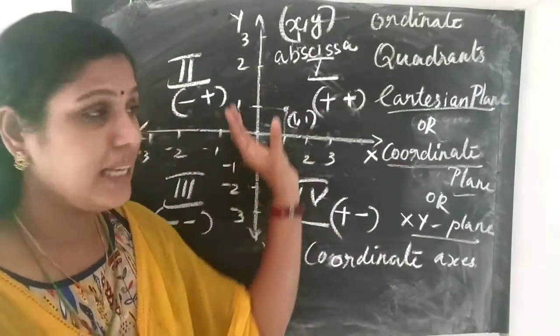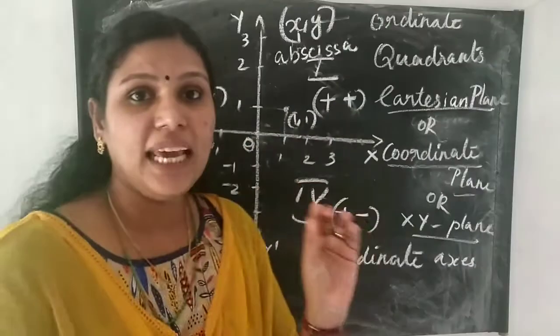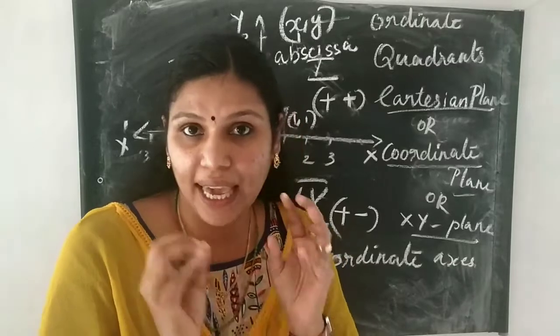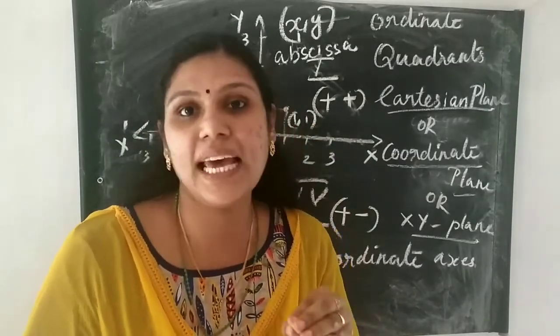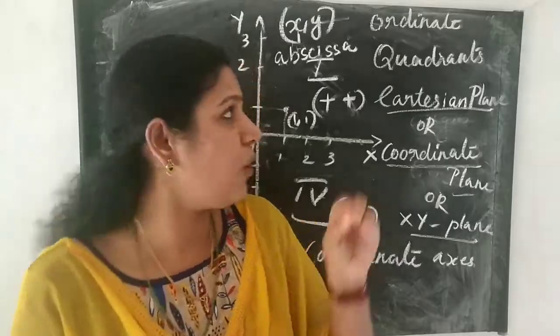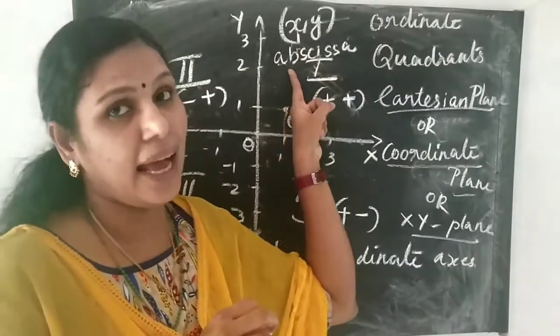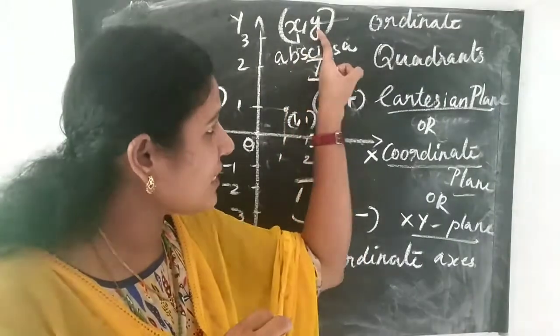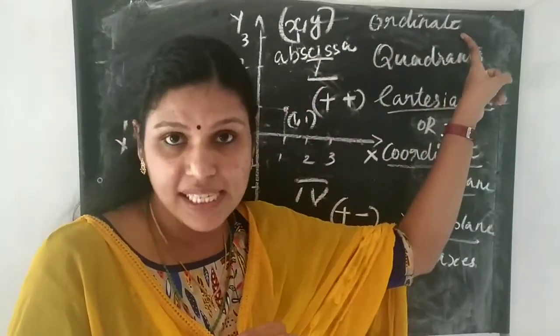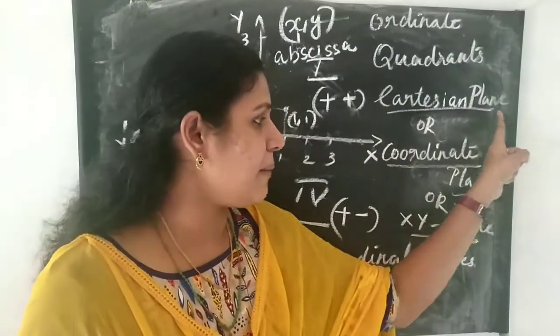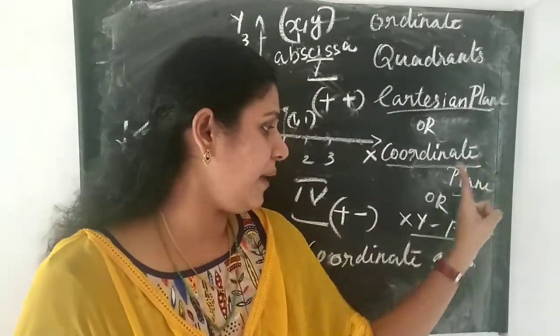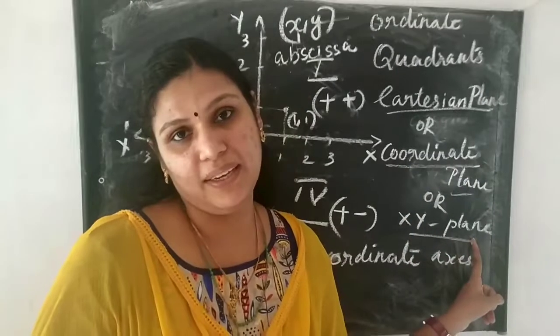We can write points in coordinates like x, y. The x coordinate is known as abscissa and the y coordinate as ordinate, and the plane is known as the Cartesian plane, coordinate plane or xy plane.